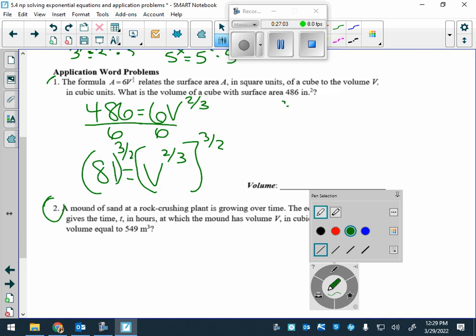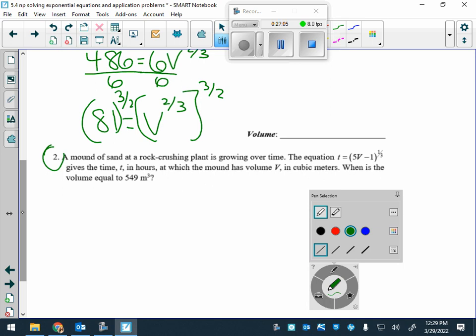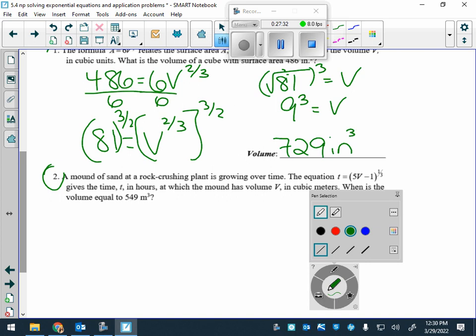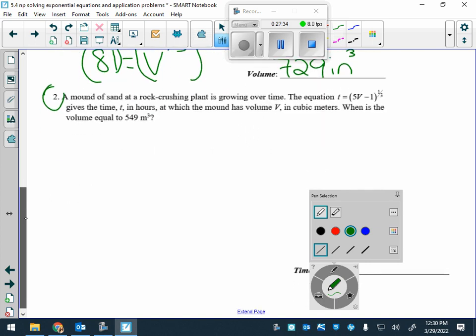Yep. Plus or minus, because our denominator is squared. But since we're talking about volume, it's 2. Our denominator is 2. Since we're talking about volume, do I need to include plus or minus? No. So, the square root of 81 cubed is going to equal the volume. Square root of 81 is 9. 9 cubed gives you 729 inches cubed. Okay?